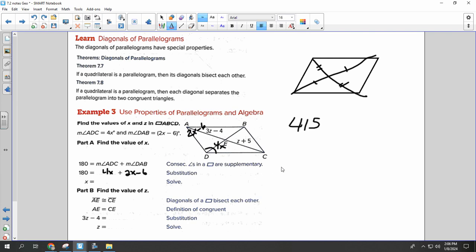So 180 equals 4x plus 2x is 6x minus 6. And then I add 6 to both sides, and I get 186 equals 6x. Then I divide both sides by 6, and I get 31.